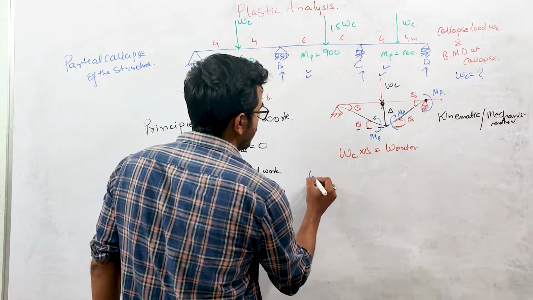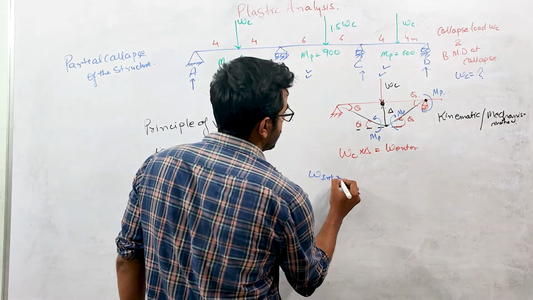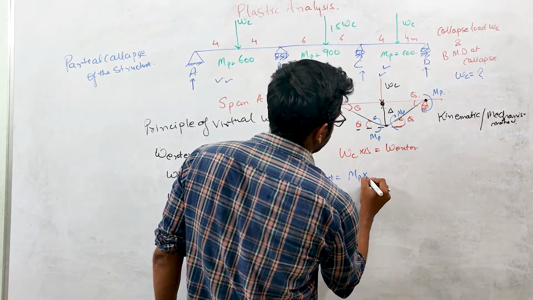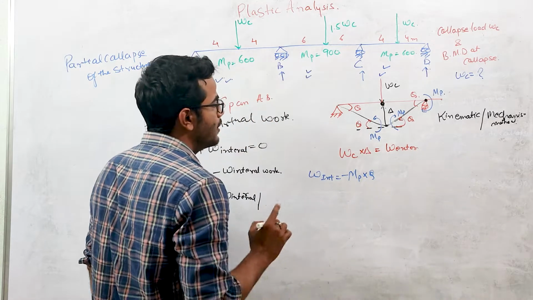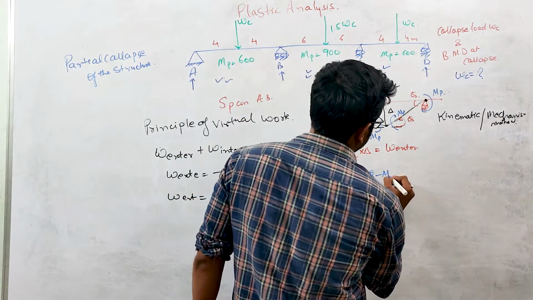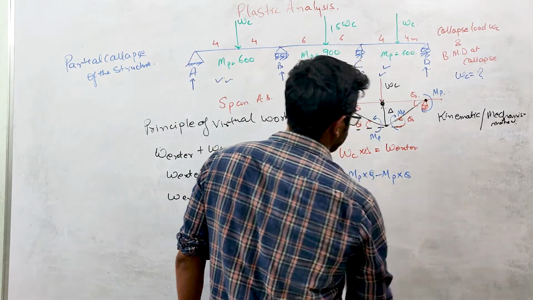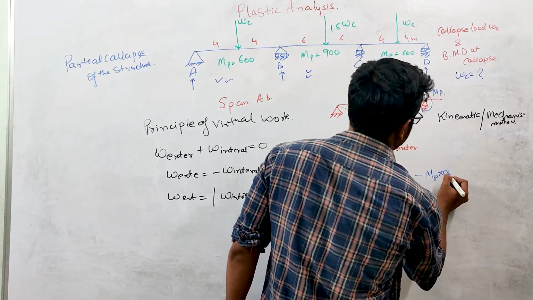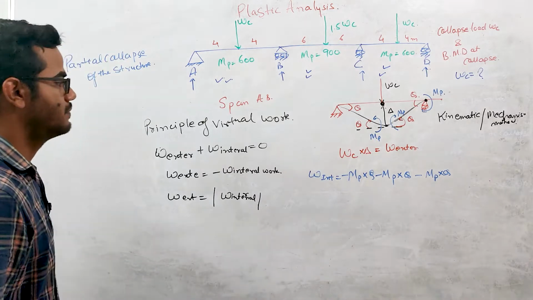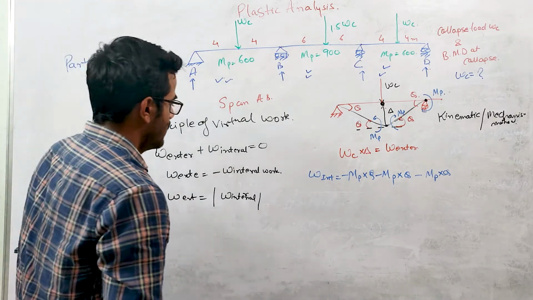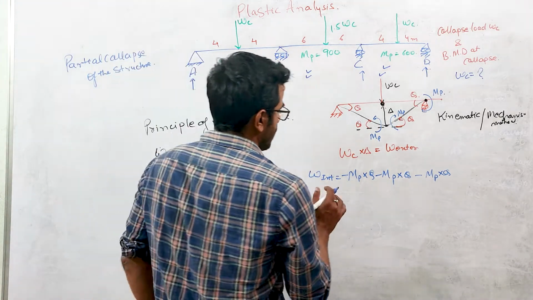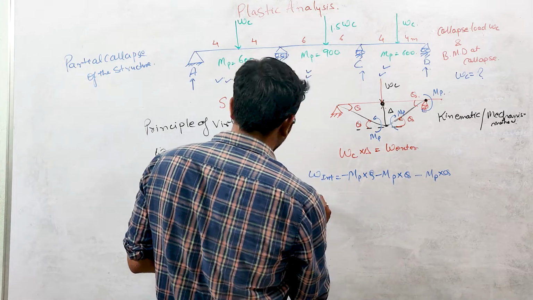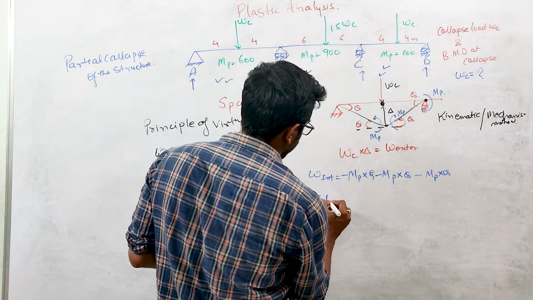Okay, so internal work done I can write MP into theta minus MP into theta, again minus MP into theta, and here also it will be minus MP into theta. So we need to find the mod of work internal.